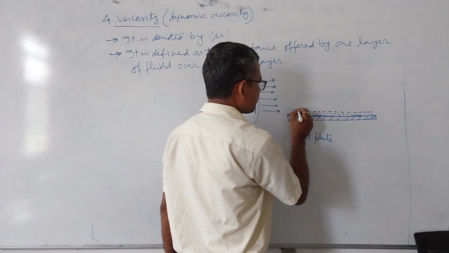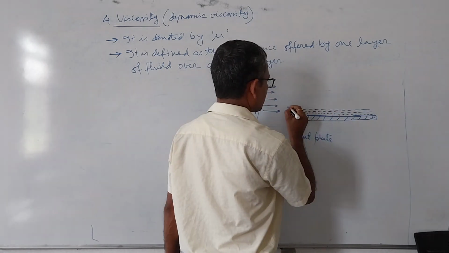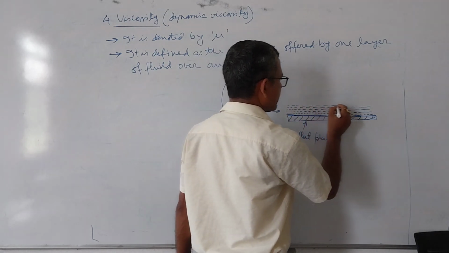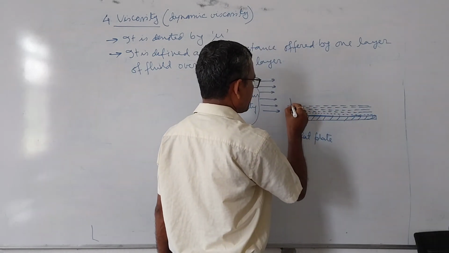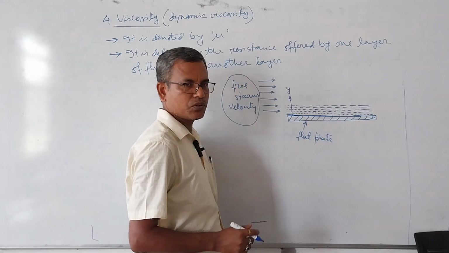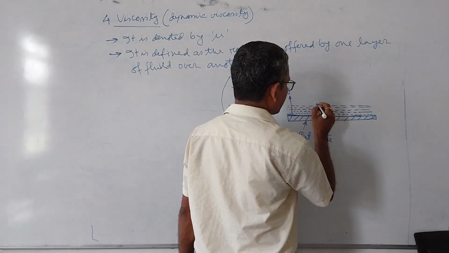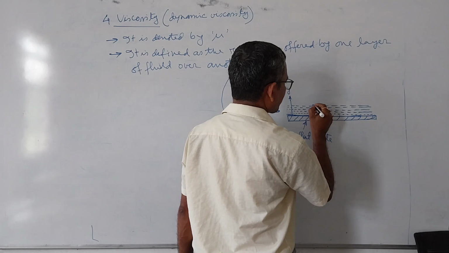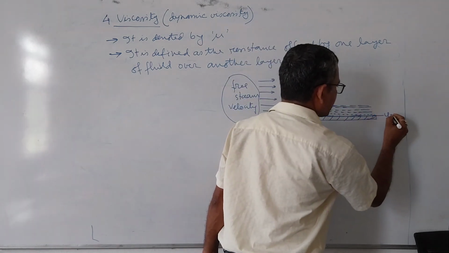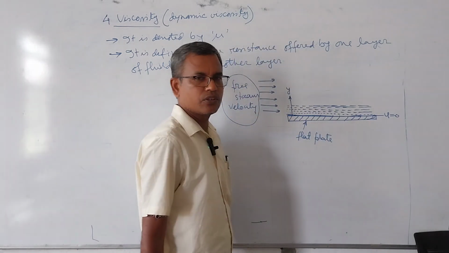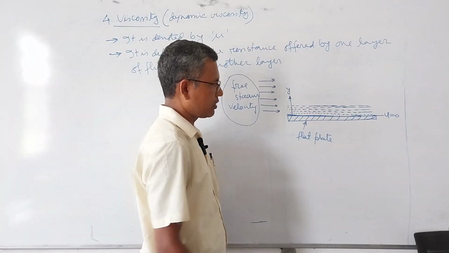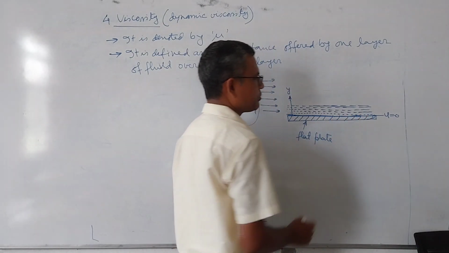Now, going vertically upward, there is a distance y. Here, u is equal to 0, that means the fluid sticking to the top surface of the plate has zero velocity.